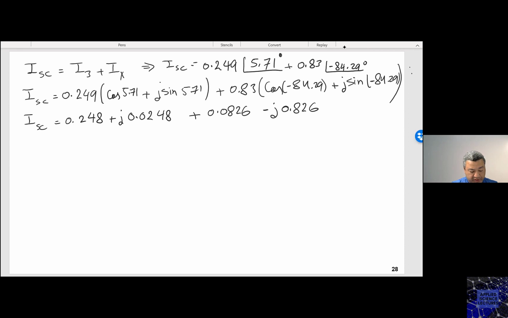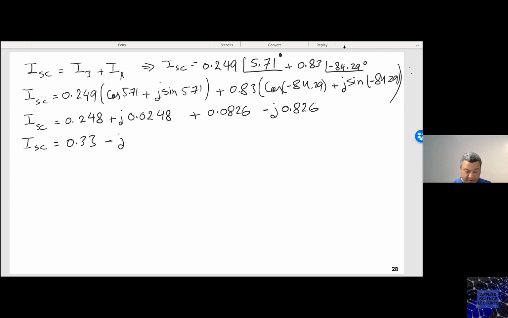I short circuit is now 0.0826 plus 0.248, which is 0.33. The imaginary part is definitely going to be negative because the second one is greater.